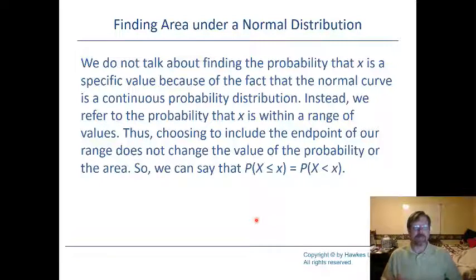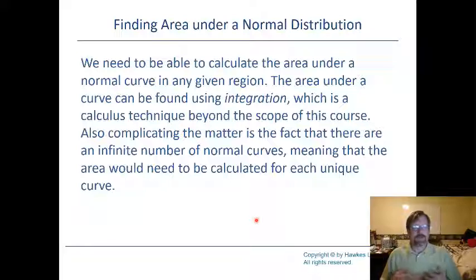We talk about it being within a range, because this is a continuous distribution. There are really an infinite number of values it could be. As you know, 0.999 repeating is infinitely close to 0.9998, etc. So there's ways we can do this.